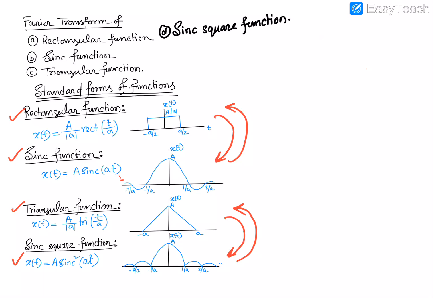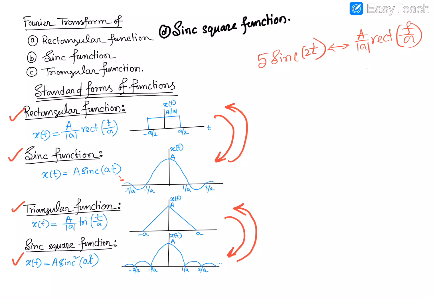Suppose a function say 5 sinc 2t is given, that is the function in the time domain is a sinc function. So your Fourier transform will be a rectangular function of the format A by mod a rectangular f by a, and I have just replaced this t by f.